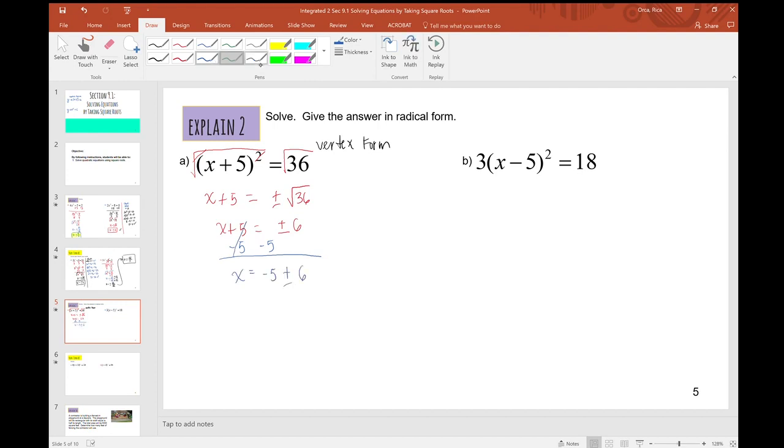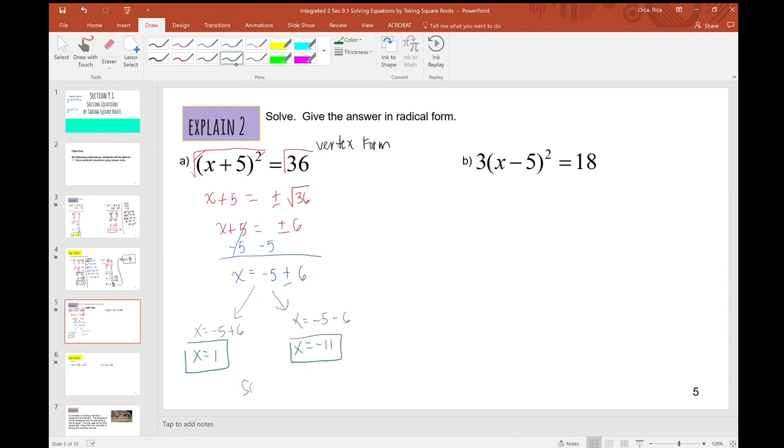So we're actually going to have two solutions. We'll have x equals -5 plus 6 and x equals -5 minus 6. So -5 plus 6 is 1, and -5 minus 6 is -11.